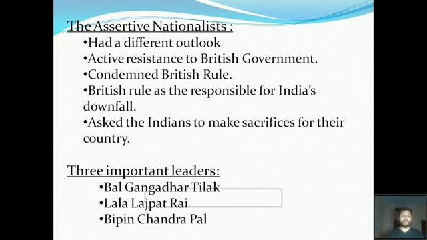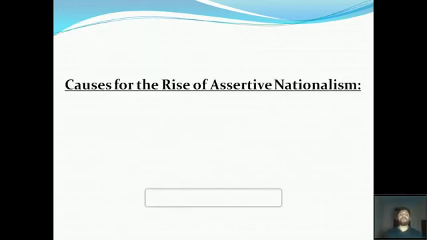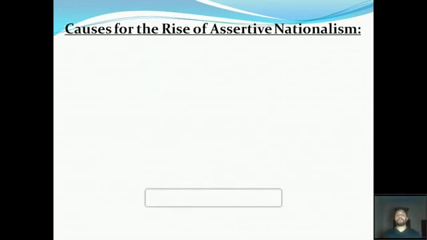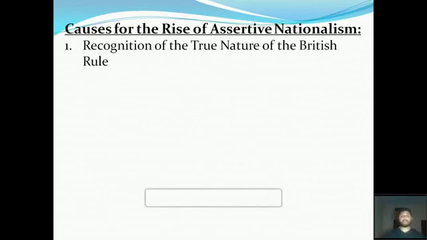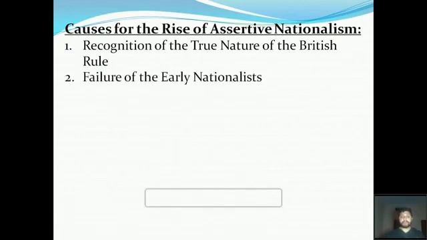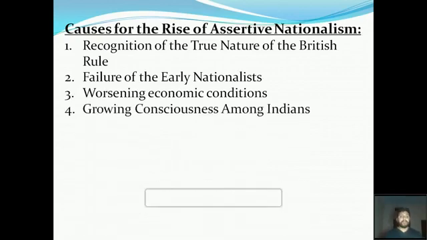Now we are going to see the main causes behind the rise of assertive nationalism. First we will see all the points at a glance. First point, recognition of the true nature of the British rule. Second, failure of the early nationalists. Third, worsening economic condition. Fourth, growing consciousness among Indians.